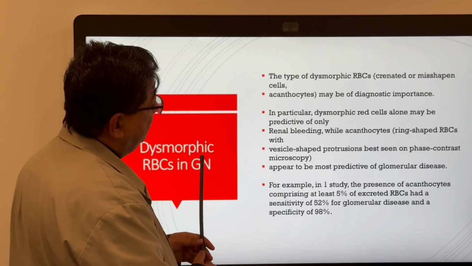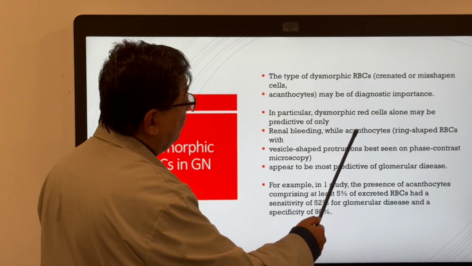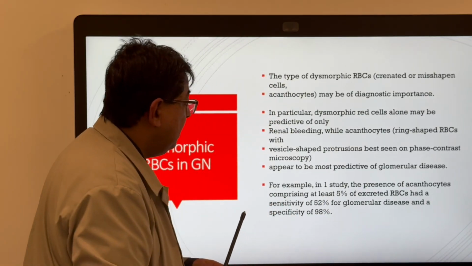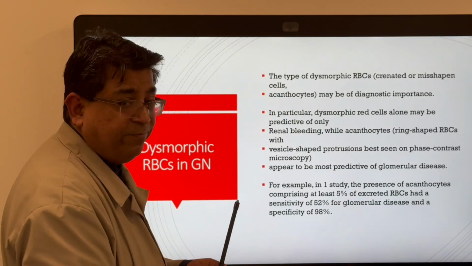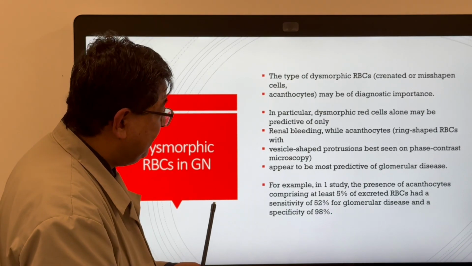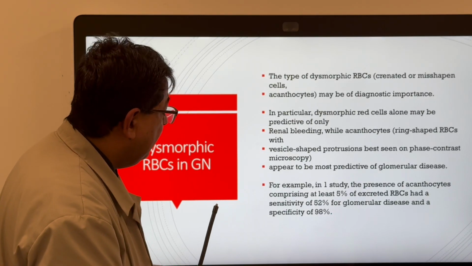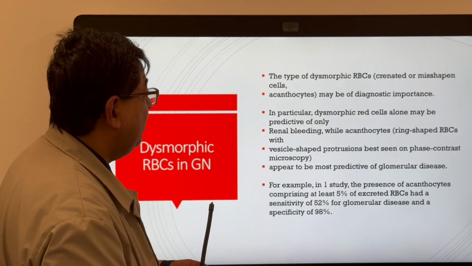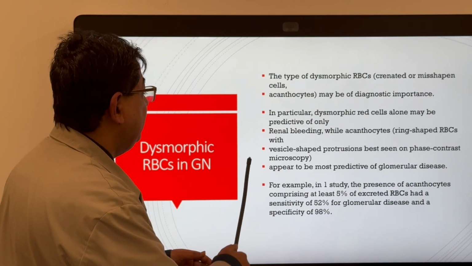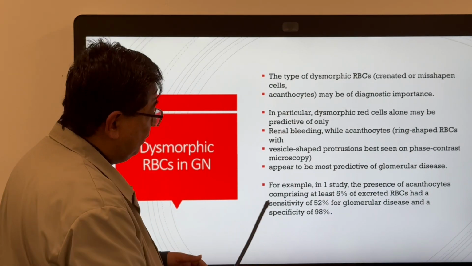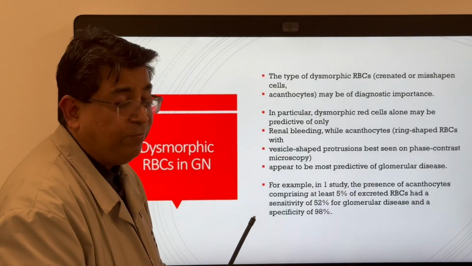If you see red blood cells with vesicle-shaped protrusions, those types of dysmorphic red blood cells are the most predictive of glomerular disease. For example, in one study, the presence of acanthocytes, meaning ring-shaped RBCs with vesicle-shaped protrusions, had a sensitivity of 52% for glomerular disease and a specificity of almost 98%.